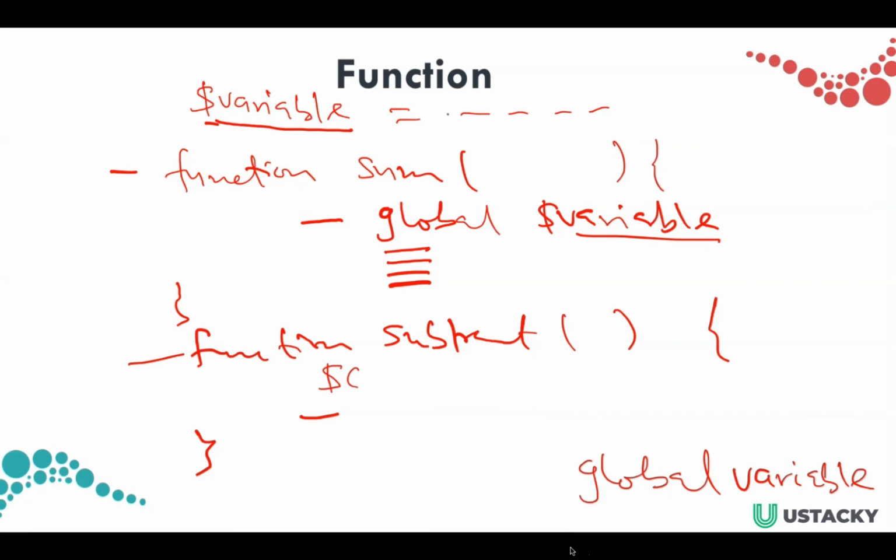So you write $GLOBALS, and the key should be the name of the variable. In our case, the name of the variable is variable. So you have something like this. In this case, you can access the variable which is outside both functions. This is a global variable.